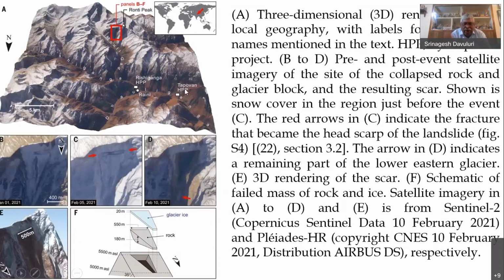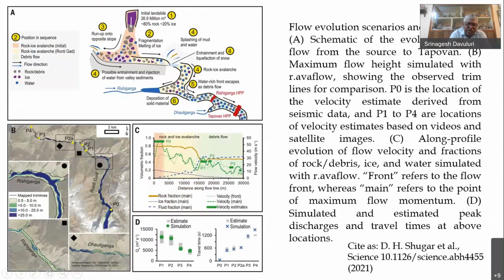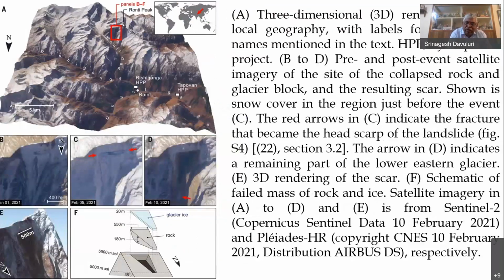These are quite far away from where the event happened. And if you look at the pre- and post-event satellite pictures, in B, C and D, you can very clearly see that in B there is a small crack which has begun and is expanding.